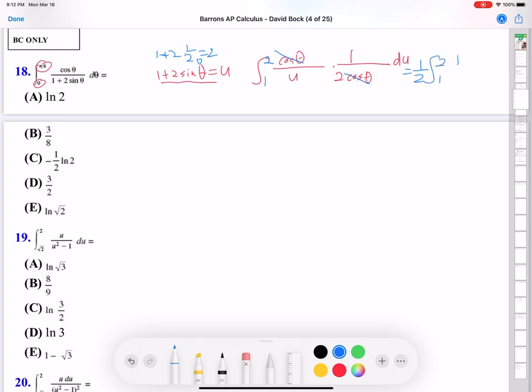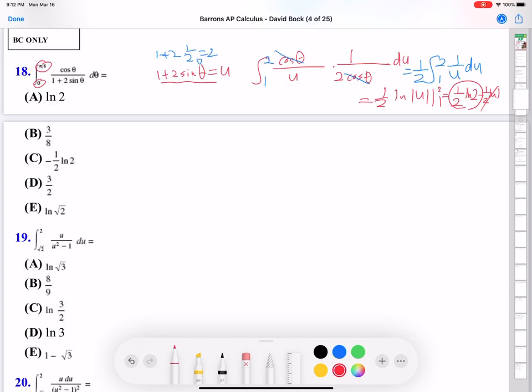1 over u du. So the integral of 1 over u is ln absolute value of u, right? So 1 half times ln absolute value of u from 1 to 2. So 1 half ln 2 minus 1 half ln 1. ln 1 is 0, so 1 half times ln 2 is the answer.